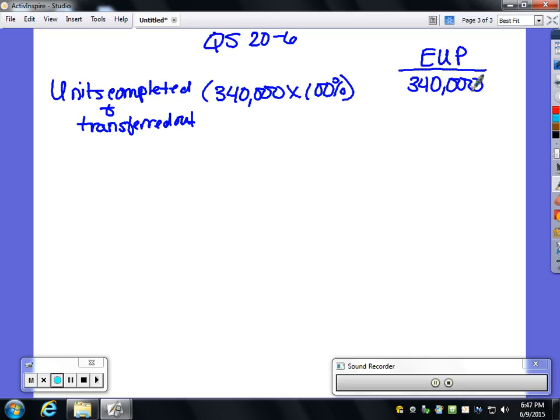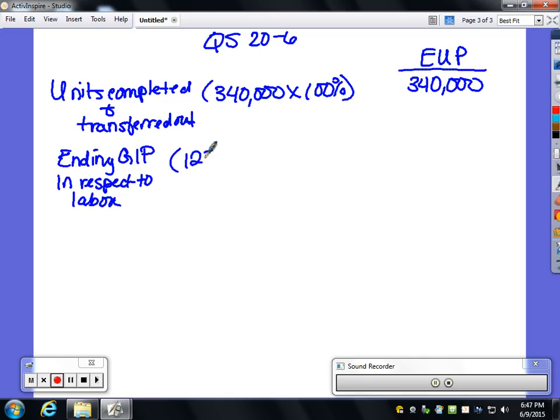So ending goods in process was about 120,000, and how much of that, with respect to labor, was completed? And what percentage? 25% was the percentage completed, right?